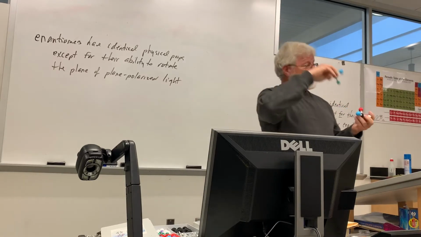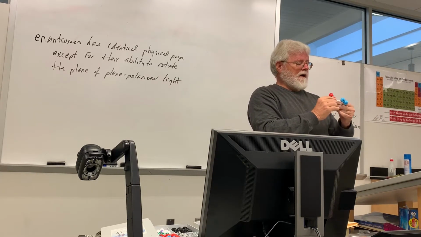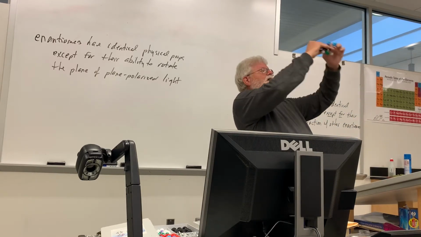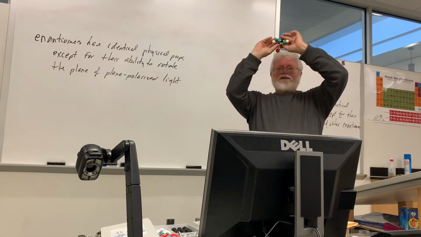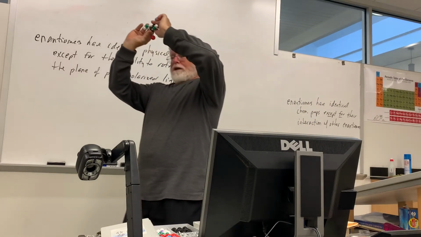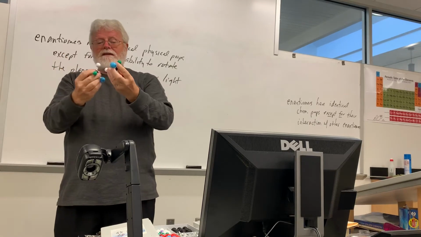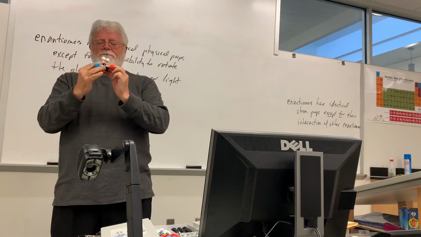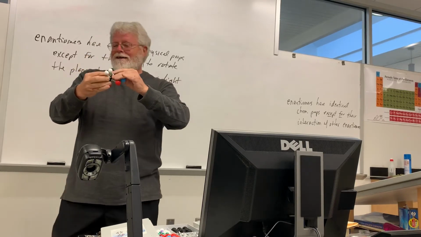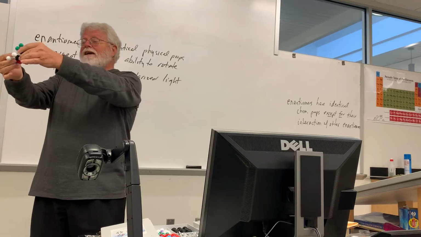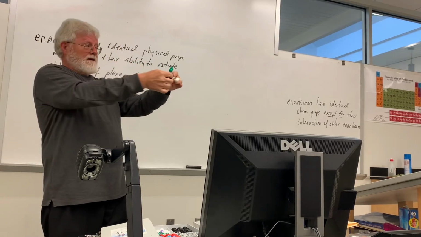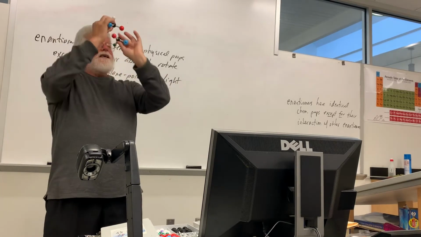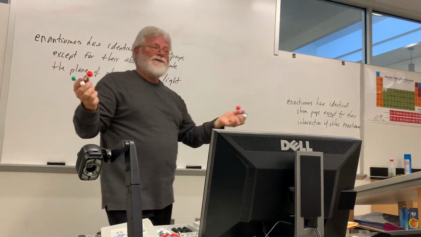If I try and yank this guy out of the mirror, I can't line them up. I can line up the red guys and the blue guys, but then the white guys and the green guys are inappropriately aligned. Sure, I can make the white guys and the green guys line up, but then the red guys and the blue guys aren't lined up.